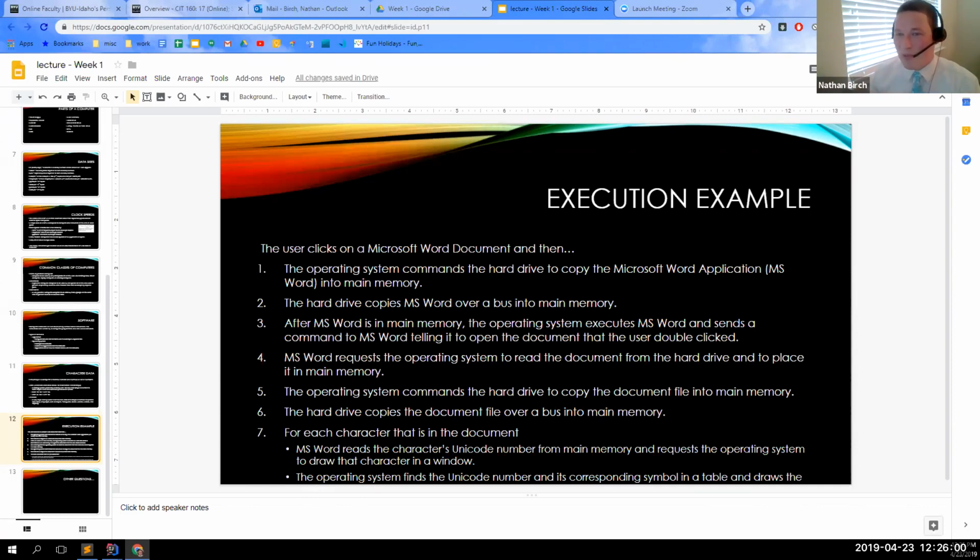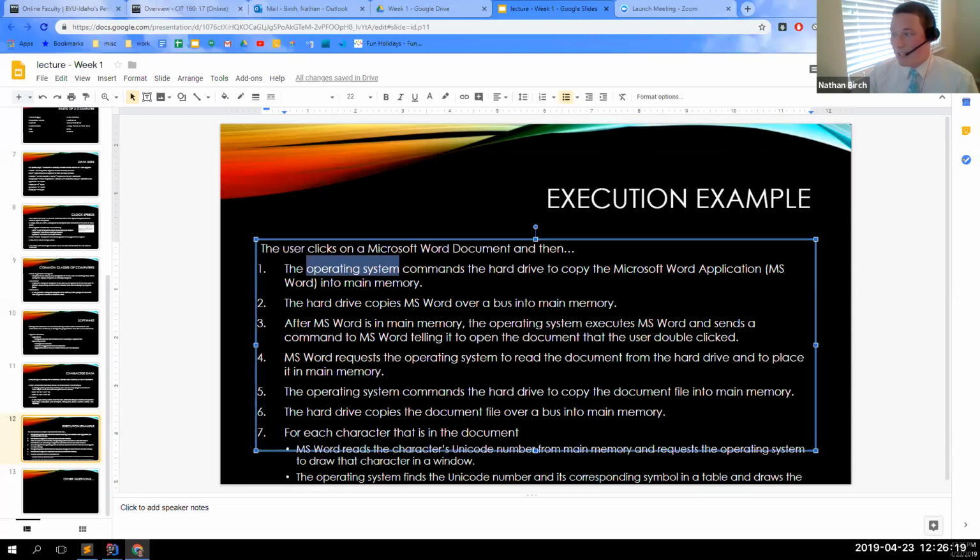It can't just be buried deep within the hard drive, which is where it's stored, in that more permanent memory. The operating system will have to copy that over into main memory so that it can use it. Then the hard drive copies Microsoft Word over a bus into main memory. So the operating system makes the command, and then it copies over a bus into main memory.